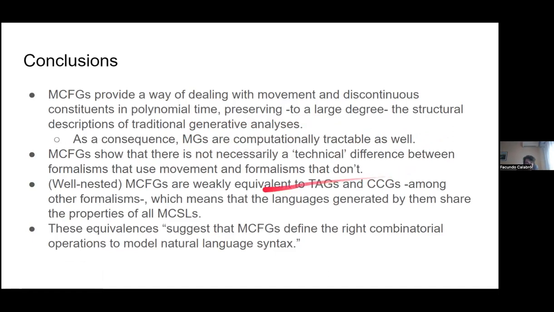So what we also know is that well-nested MCFGs are weakly equivalent to tree adjoining grammars and categorial grammars, among other formalisms, which means that the languages generated by them share the properties of all mildly context-sensitive languages, which are basically that context-free languages are properly contained in this one.